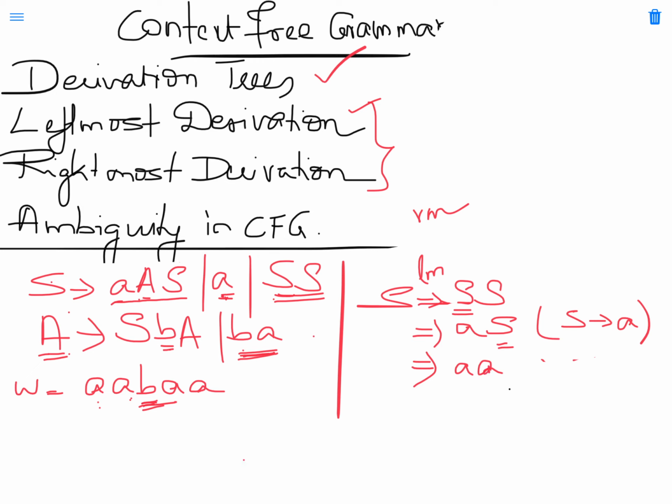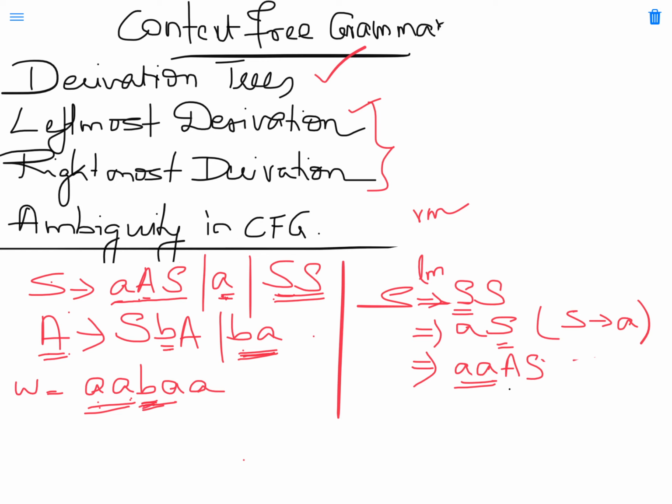So instead of A over here, I am choosing the first production, that is AAS. Now you got two A's over here, isn't it?